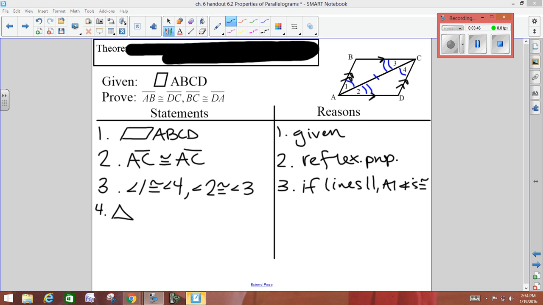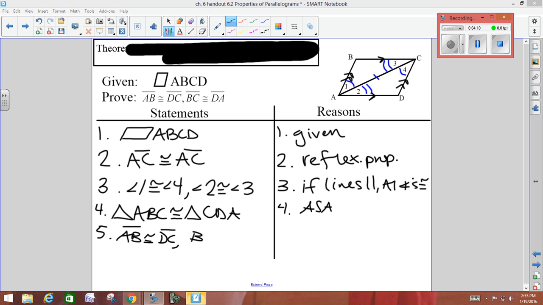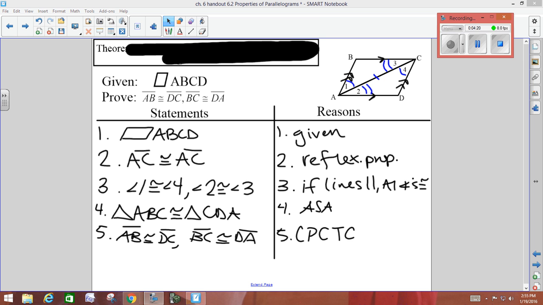Step 4 then, triangle ABC is congruent to which triangle? CDA, good. And that would be by angle, side, angle. And then therefore AB is congruent to DC, BC is congruent to DA, because corresponding parts of congruent triangles are congruent.